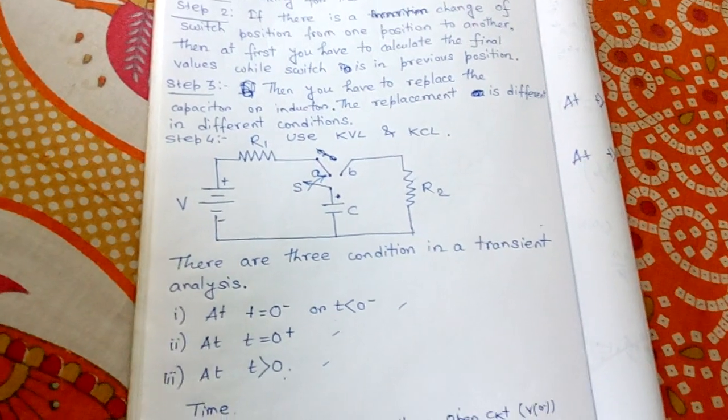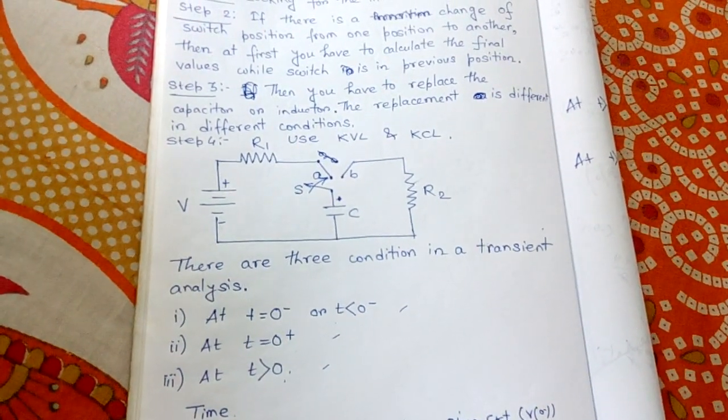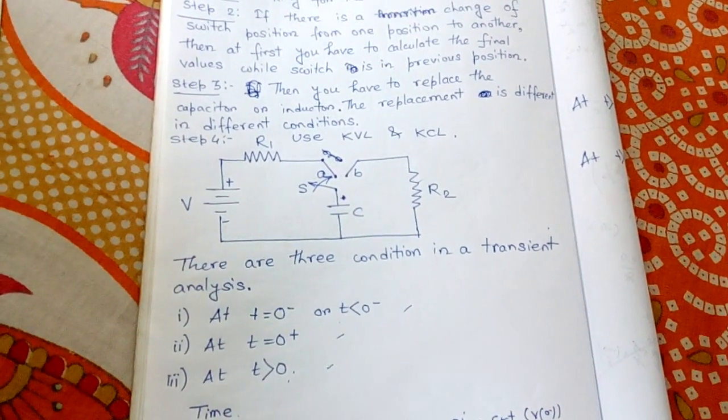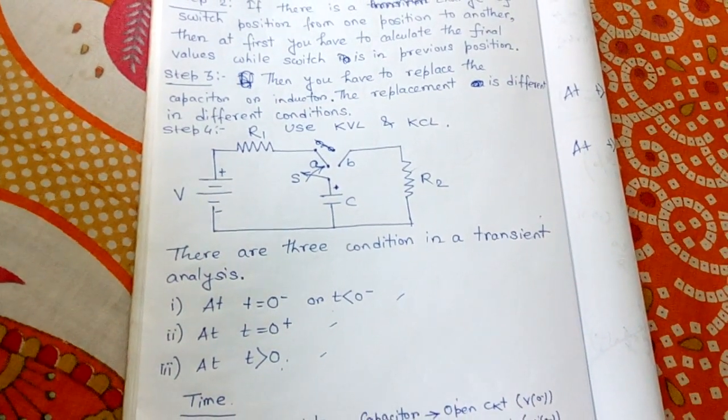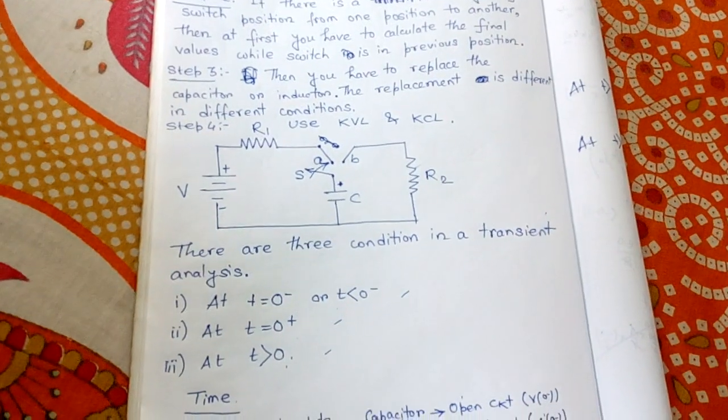So t equals 0 minus means the switch is in position A.